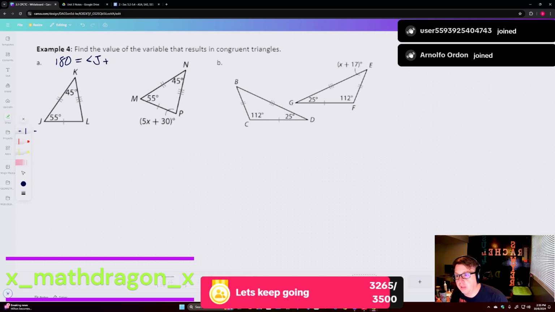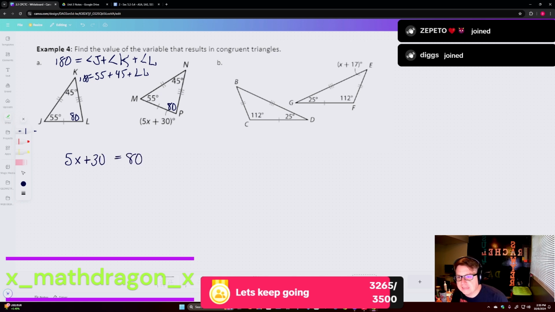So angle J plus angle K plus angle L is going to equal 180 degrees. Well, if I know K is 45 and I know J is 55, then I can find angle L by adding these together, subtracting from the other side. So 100, that's got to leave me 80 left over for this right here, which means this has got to be 80. So however you want to do it, you need to set up 5x plus 30 equals 80.